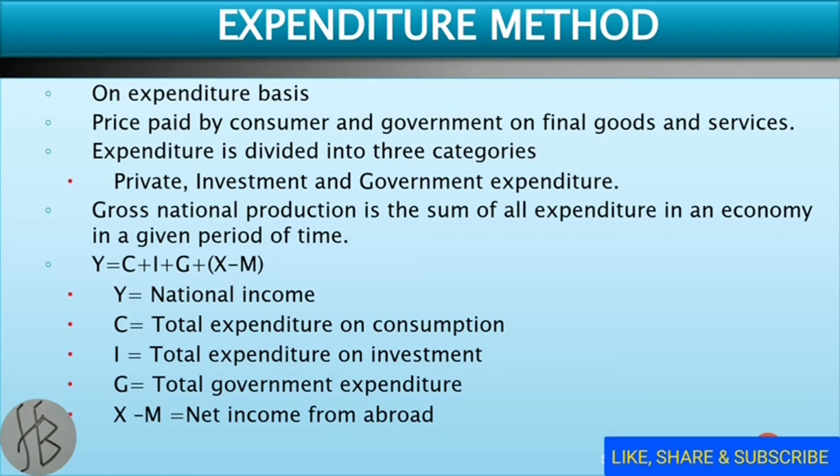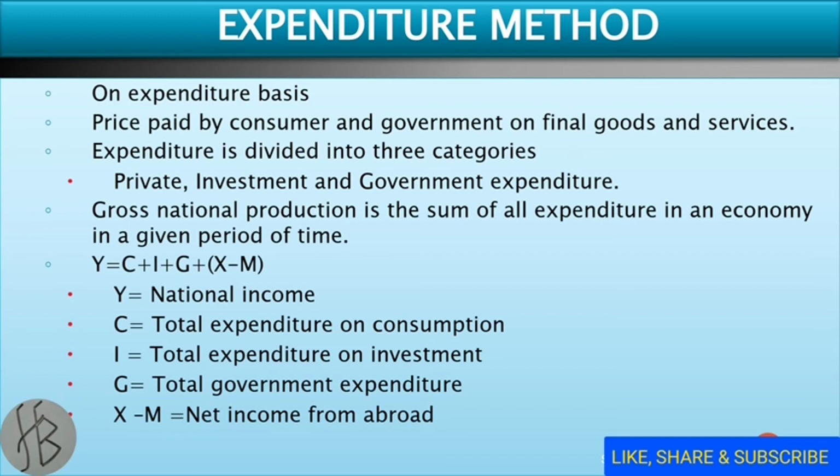It is based on the concept of commodity flow from producers to consumers, and in turn the expenditure from the consumer in money terms to the producers. So the national income is the money paid by the consumer to the producers for the final production they receive. So this is called the expenditure method.